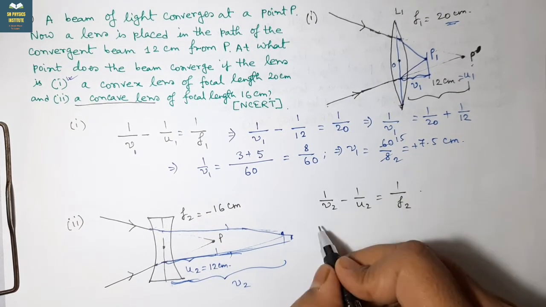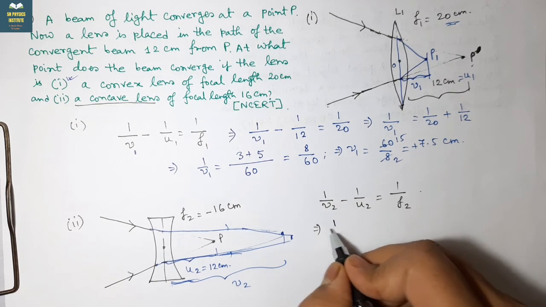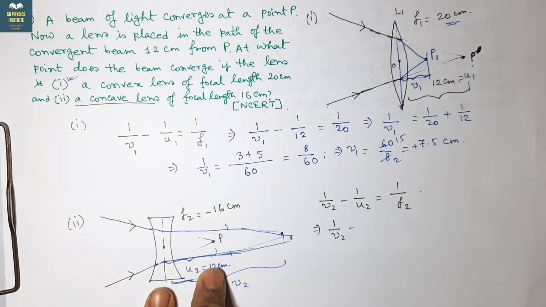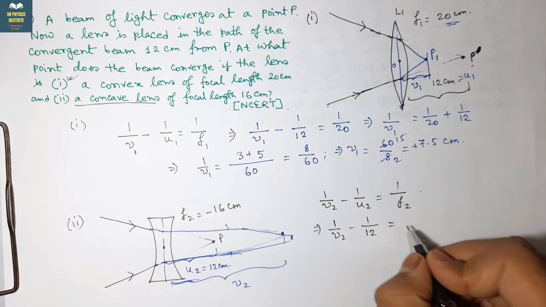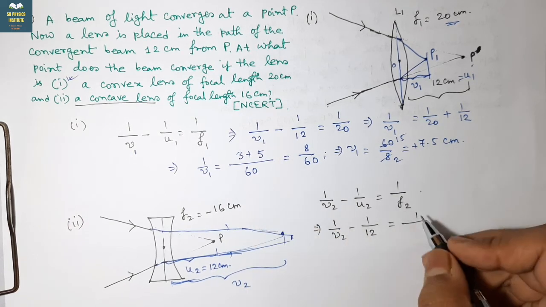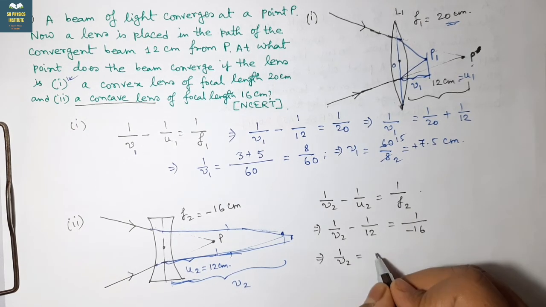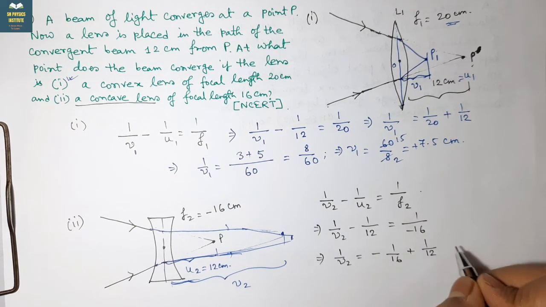So 1 by v2 is equal to 1 by u2 plus 1 by f2, with u2 positive, 1 by 12, and f2 equal to minus 16. So 1 by v2 is equal to minus 1 by 16 plus 1 by 12.